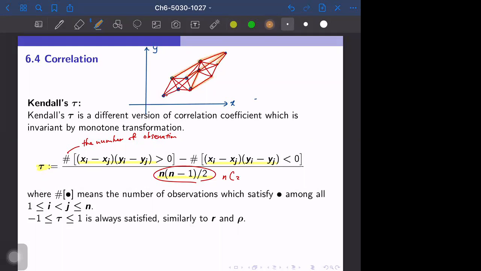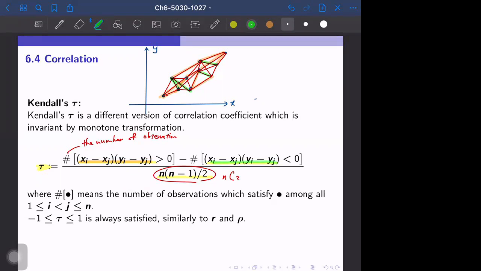Maybe I cannot write everything, but maybe some are missing. But for most observations, most pairs, it's increasing. X value is larger, then y value is also larger. So it satisfies this condition. Maybe some exceptions such as this, or maybe this or this. But we have fewer line segments in green.